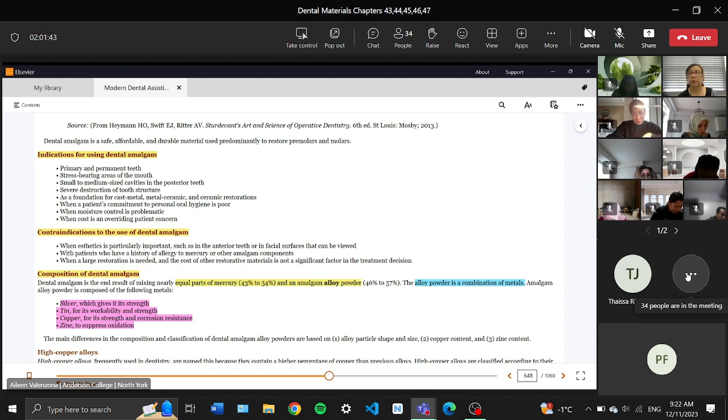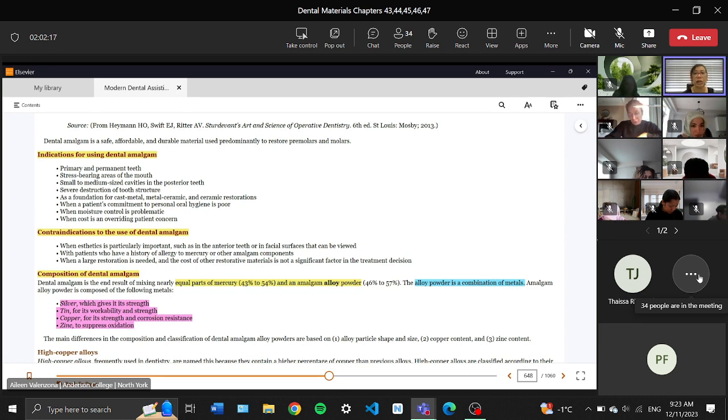So meaning, if there will be no more tooth structure and then you're going to use a ceramic restoration, when you are talking about metal ceramic, we're talking about crowns, okay? We can place amalgam as a retention, or it can add more material and then we place the crowns. When a patient's commitment to personal oral hygiene is poor, meaning they cannot take care of the composite because they do not brush very well.